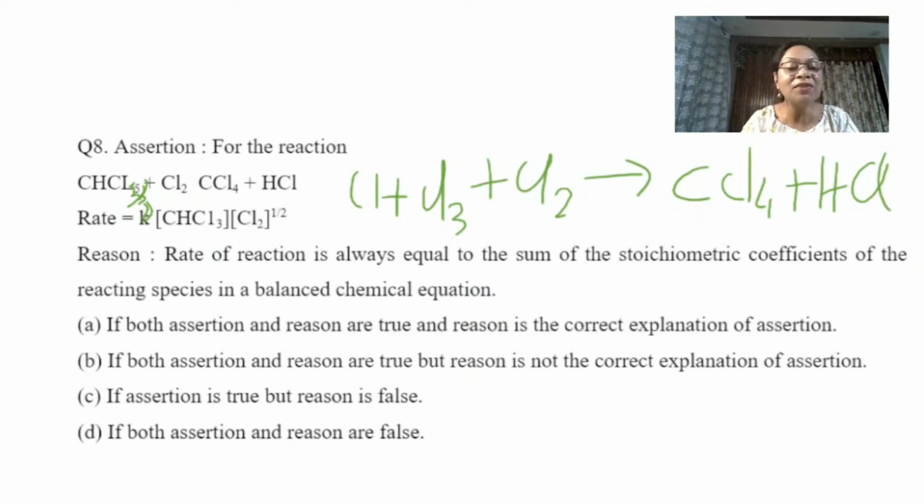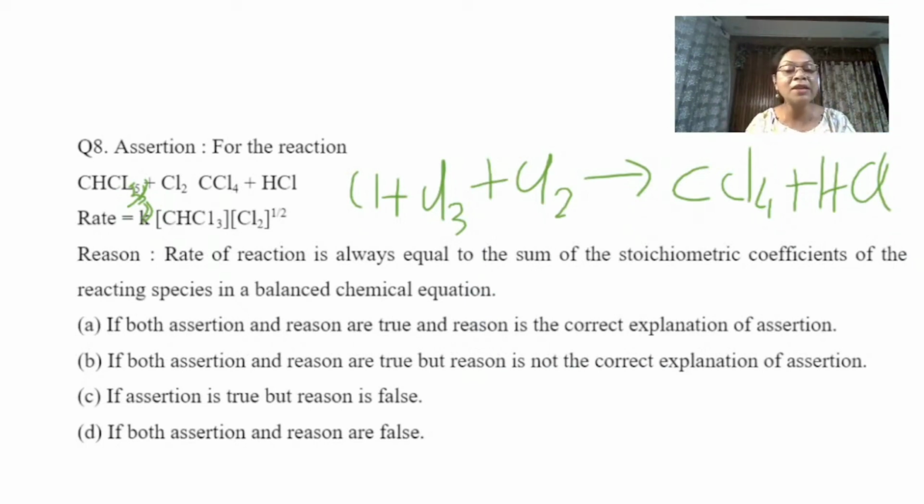The question I've given is regarding the reaction, given as an assertion and a reason. The rate of a reaction is always equal to the sum of the stoichiometric coefficients of the reacting species in a balanced chemical reaction. A similar type of question I have given in the MCQ, so that you can correlate.